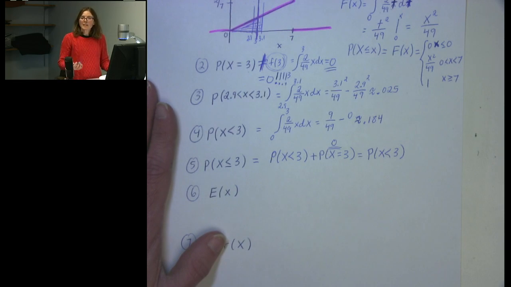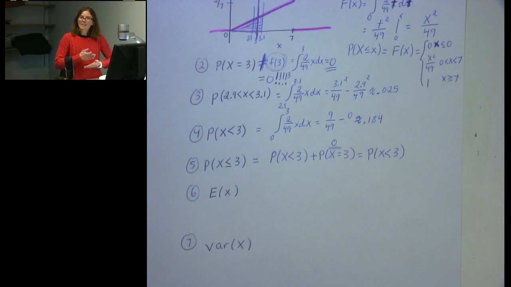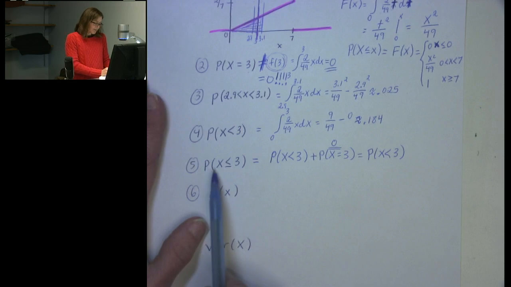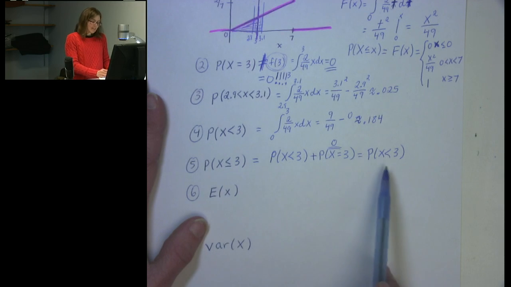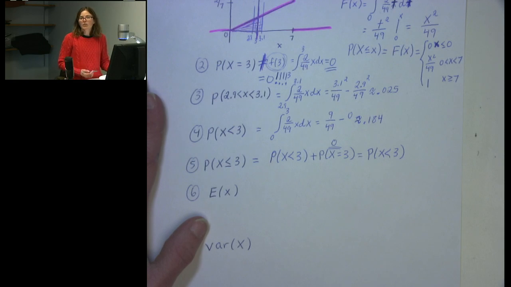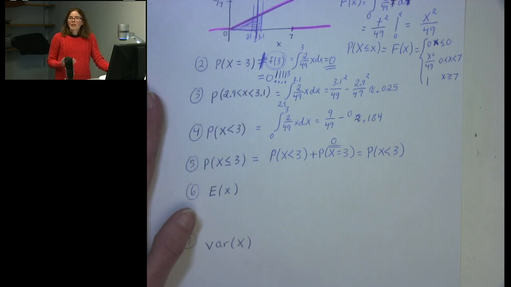When we're working in the continuous case, because the probability of x taking on any exact value is 0, the probability that x is less than or equal to 3 is the same as the probability that x is less than 3. And the probability that x is greater than or equal to 4 is going to be the same as the probability that x is greater than 4. So just keep in mind that we could write that either way and the probabilities will be the same.